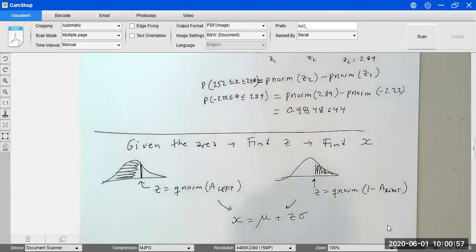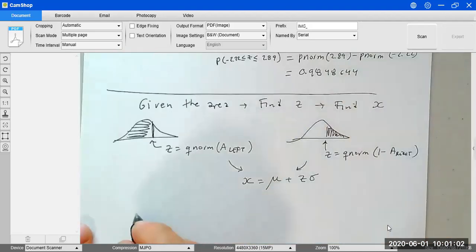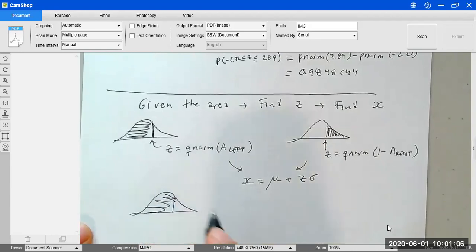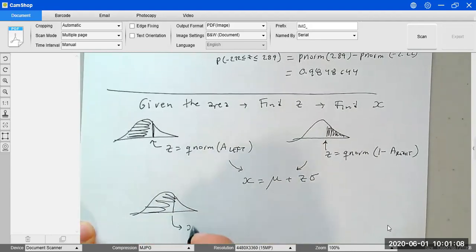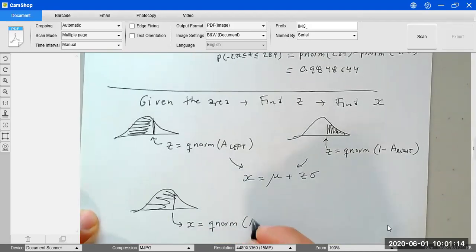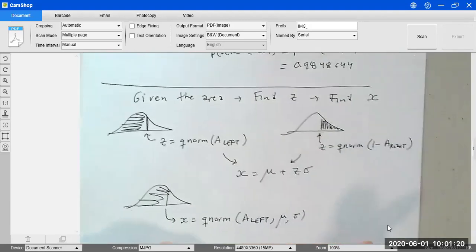z-score. Or the other method: if you are given the area to the left, you can find x directly by using qnorm. You're going to provide the area to the left, but also the mean and the standard deviation.